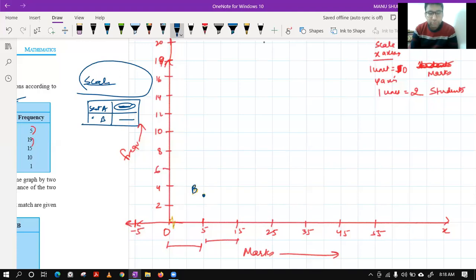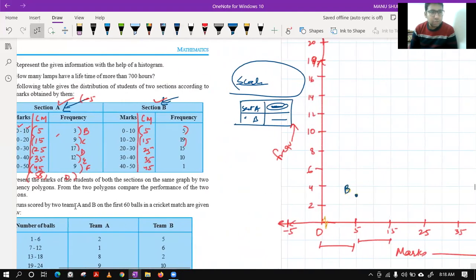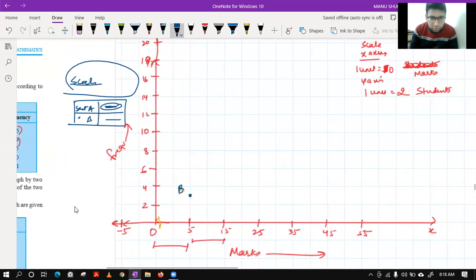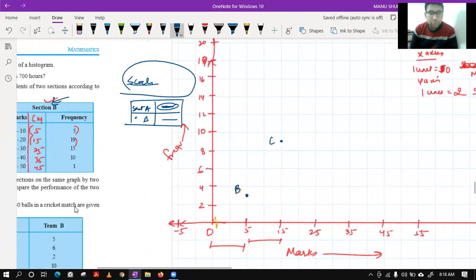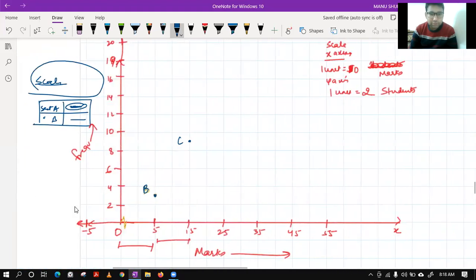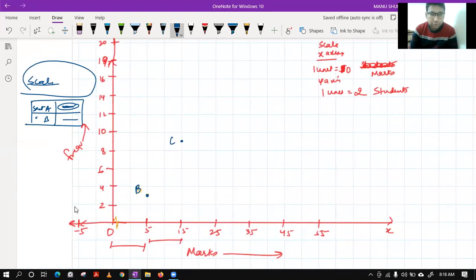So B. The next point is C, 15 comma 9. 15 comma 9 somewhere here, C point. Then you have 25 comma 17, somewhere here.